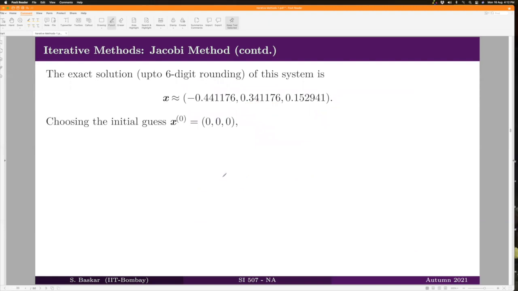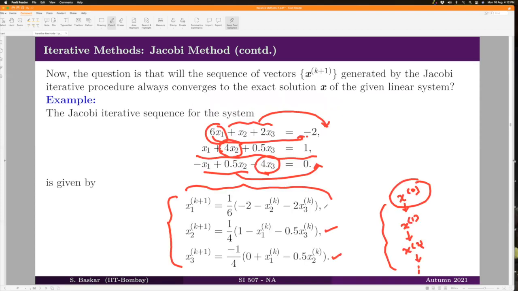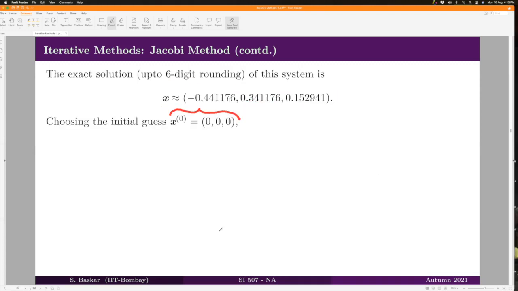And now let us start our initial guess with the trivial choice of the 0 vector. Then for x1, I'm putting the 0, 0, 0 vector on the right hand side and finding x1 using this formula, and that gives me x1 like this.